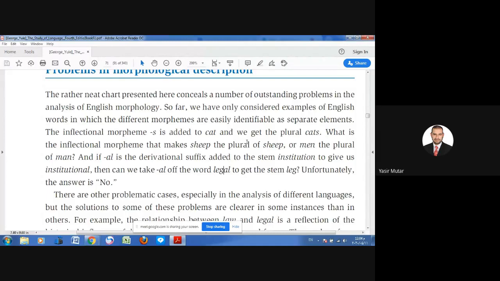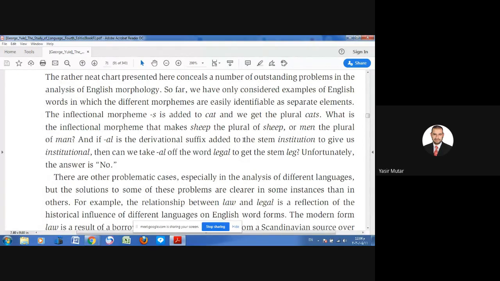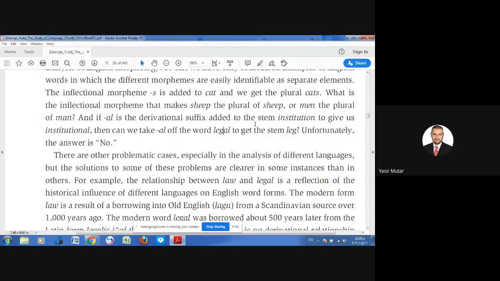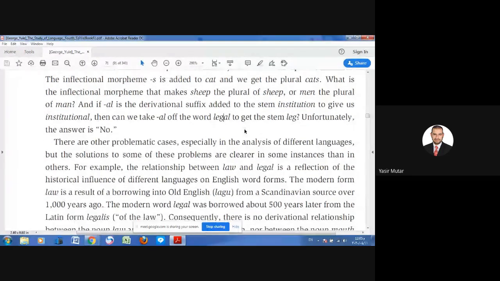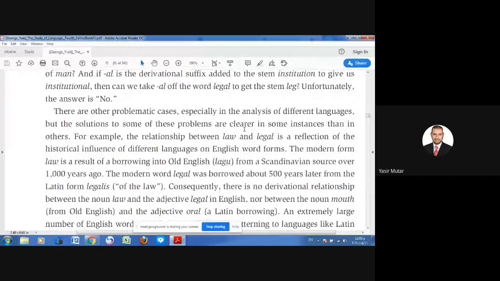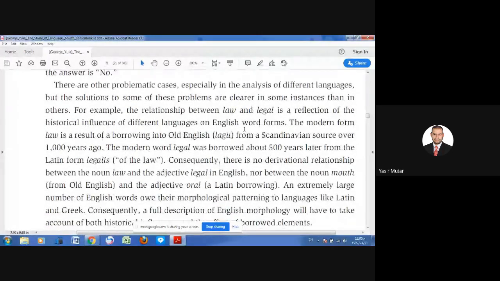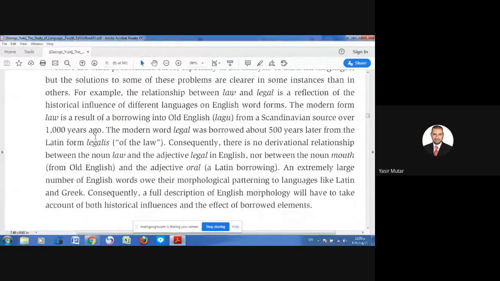So how to solve this problem? Actually, the answer is in the next section. This description is relative. Why?